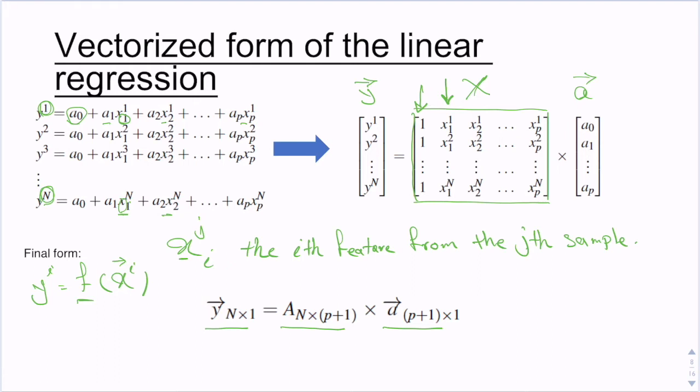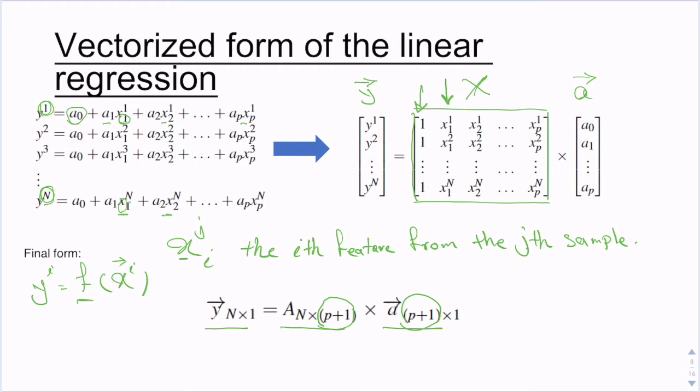If you multiply these two matrices, note that we can also consider a vector as a matrix whose column or row count is 1. Because the number of columns matches the number of rows, we can do the multiplication, and multiplying these two gives a vector of size n.